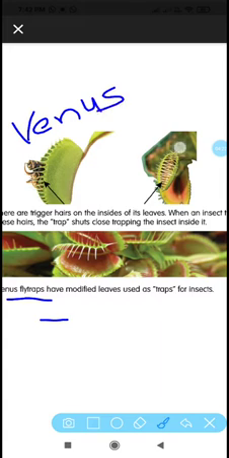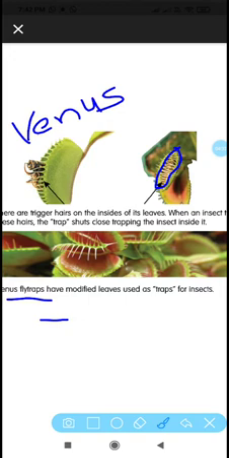Observe the edges, they are modified. The leaves are modified into sharp spine-like structures. These sharp spine-like or hair-like structures can trap the insects.